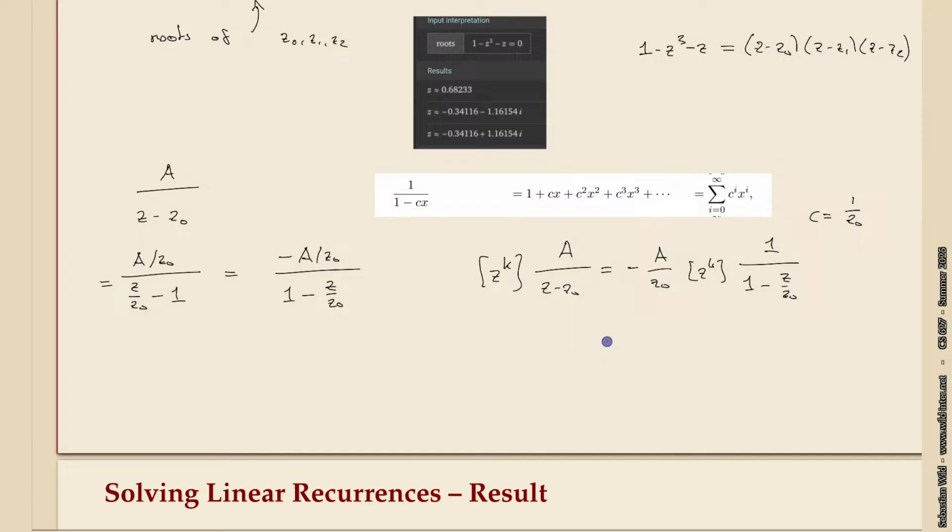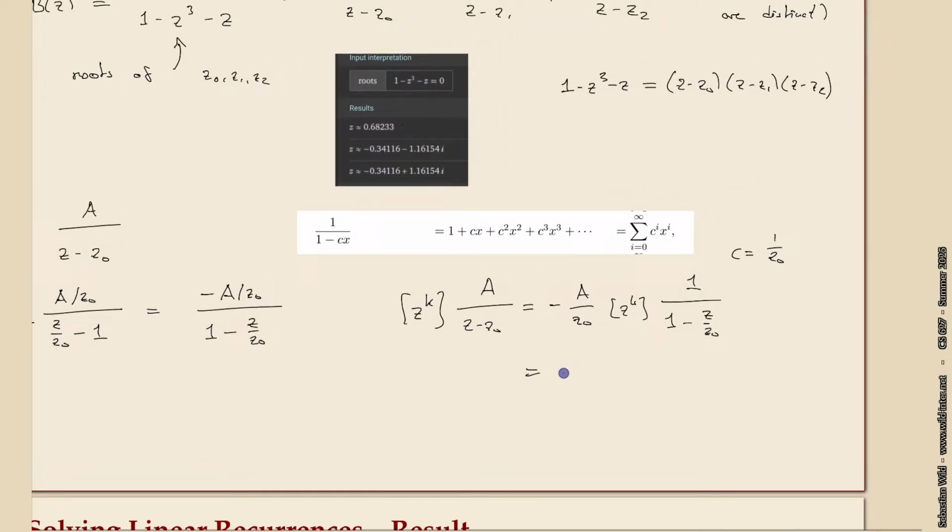So taking the coefficient just gives me c to the power k. So the coefficient here is this thing, as before, and then that becomes just 1 over z0 to the power k, the power we extract. Okay?